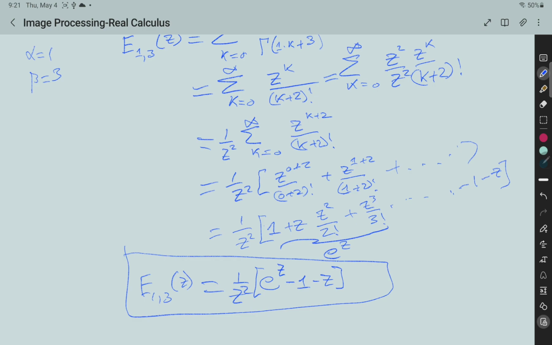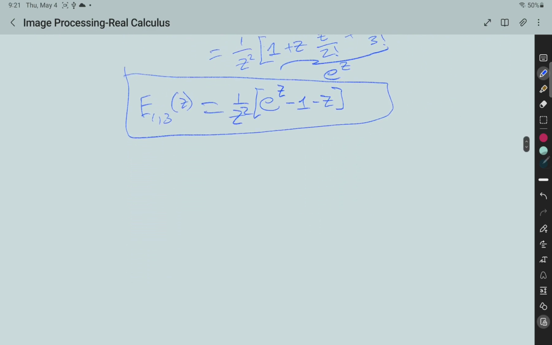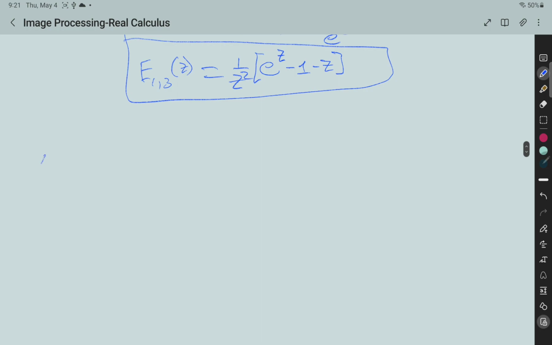Okay, next we'll try something a little bit harder. What happens when alpha is equal to 1 and beta is equal to m, where m is an element of the natural numbers, an integer? So I'm going to write down the Mittag-Leffler function, E 1 comma m, with the argument z.